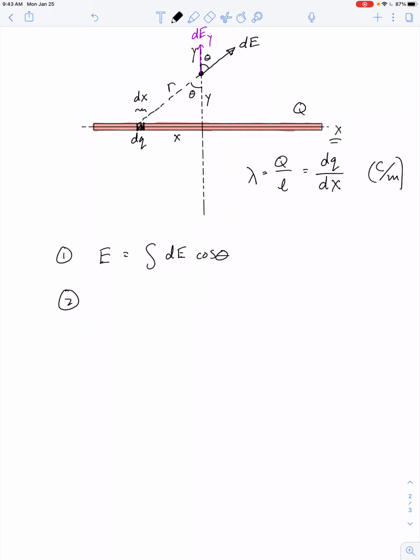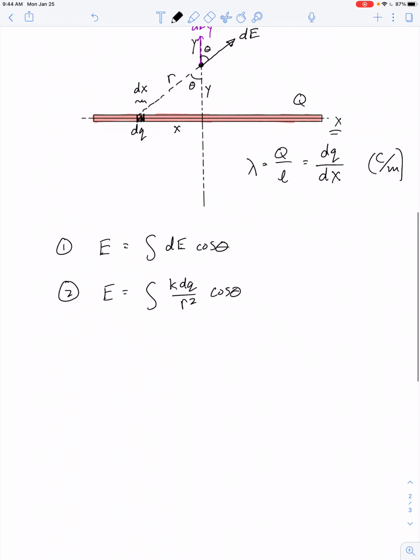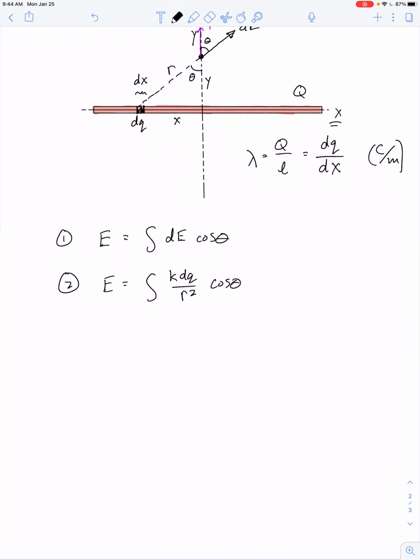Let's make some substitutions. In step 2, of course, we can replace dE with k dq over r squared. There's going to be some substitutions along the way to get this into calculus of a single variable. So we don't have to really even look at the calculation of the charge density as total charge over total length.